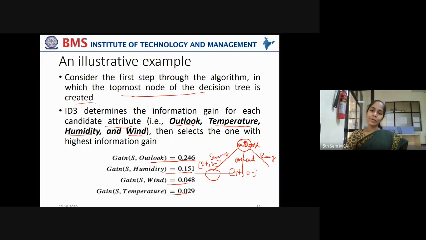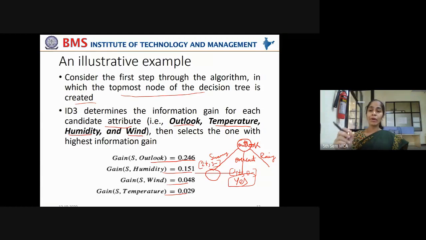Got it? So there is a perfect classification here. The entropy value will be 0 here, right? So this can be your leaf node giving yes when the outlook is overcast. Tennis is played or not? Yes, it is played because there is perfect classification.